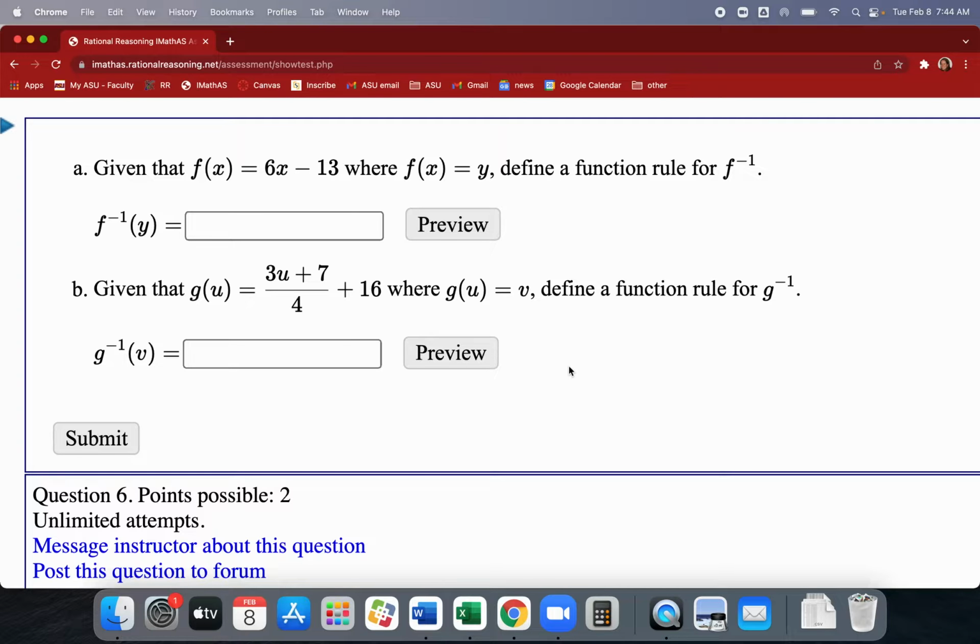But take a look at this b. See if you can rearrange that to isolate the u, is what we're trying to do here. So just some algebra practice, but algebra with some notation that's telling you what to do.